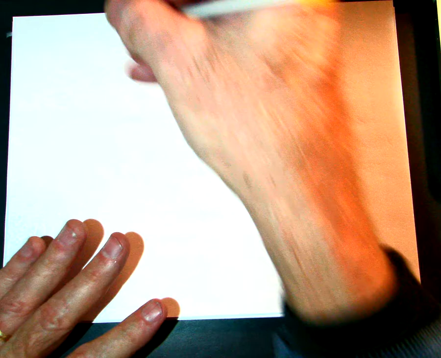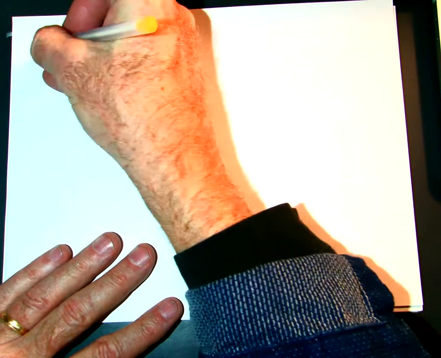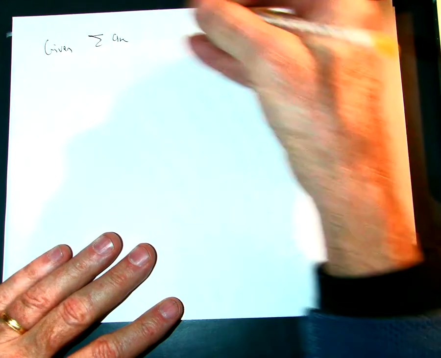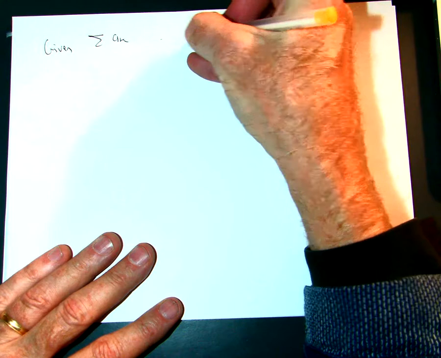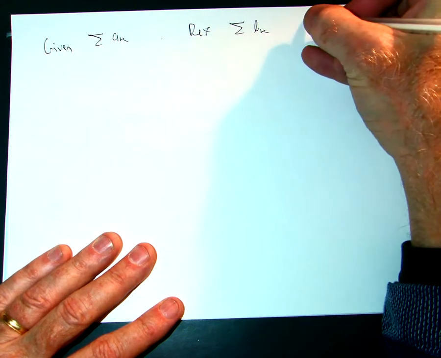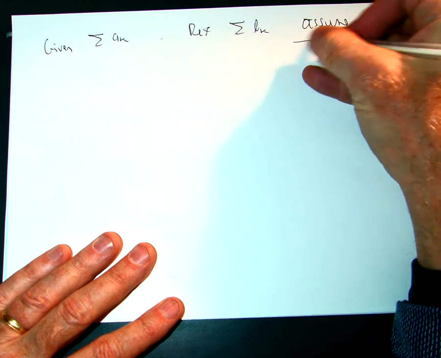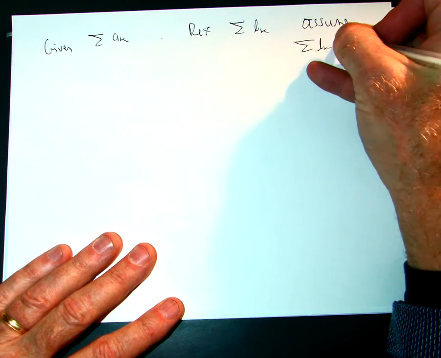Okay, so one more thing, and then we'll be done. Again, we're given a_k, and our reference series is b_k, and let's say that this time b_k diverges. Okay, we'll do the same thing.